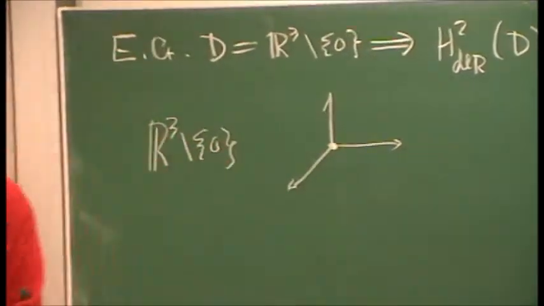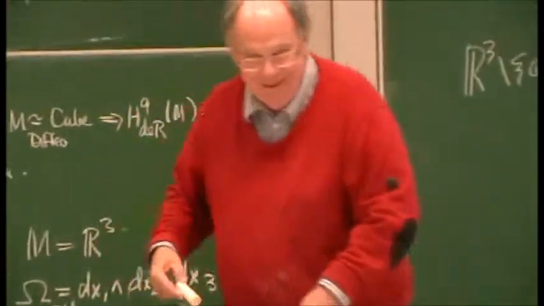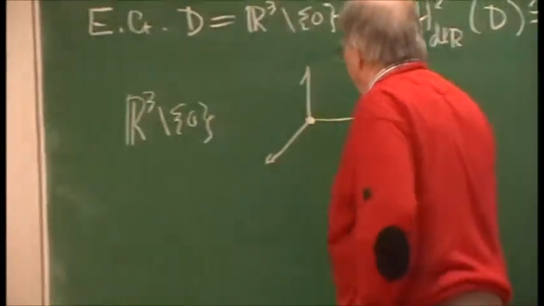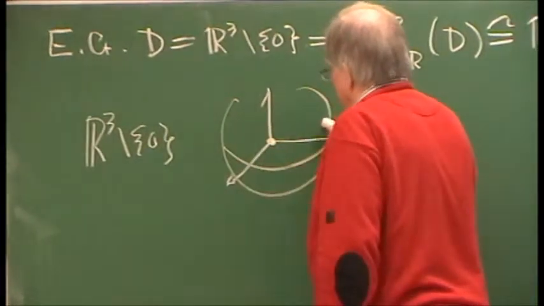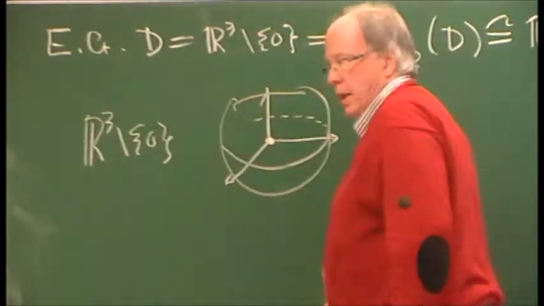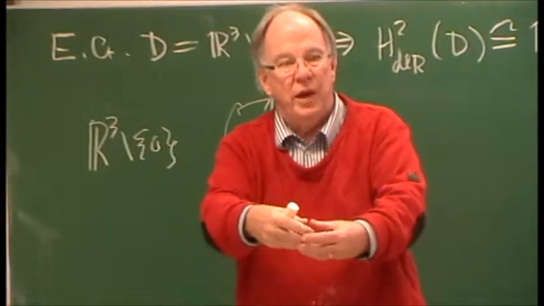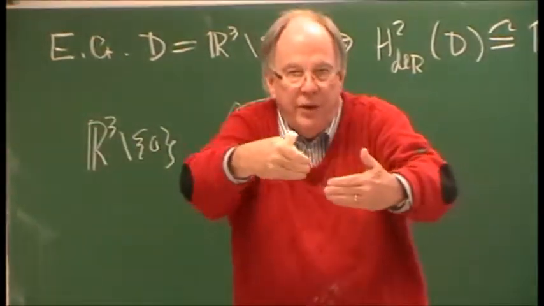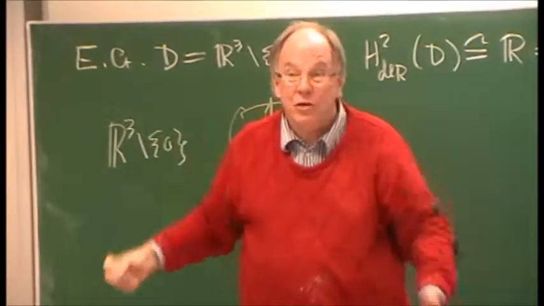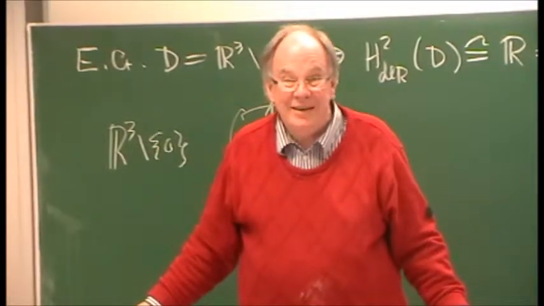So you see this point in R3, and you see, for example, the unit sphere, and you see that in a smooth way you can take R3 and bring it back to the unit sphere from outside and bring it up to the unit sphere from the inside, because I took the point out, right?